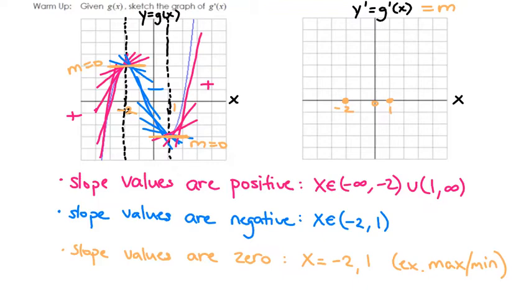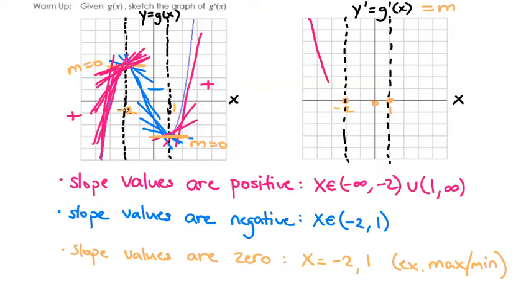Now, within the region of -infinity all the way to -2, we had a positive slope. Now this slope, remember, was very positive, less positive, very little, all the way to 0.